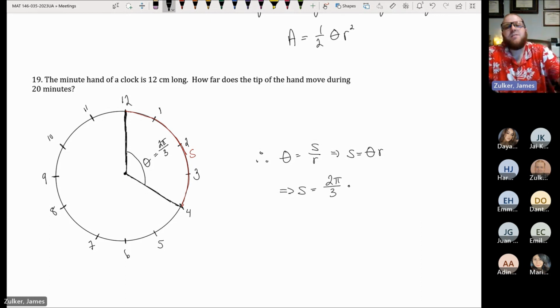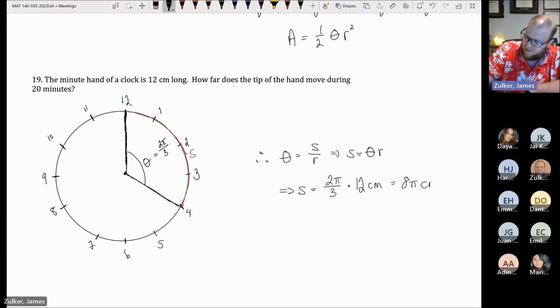What is R? 12 what? 12 centimeters. So it travels a distance of 8 pi centimeters. Yes?